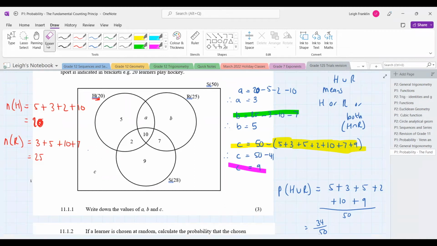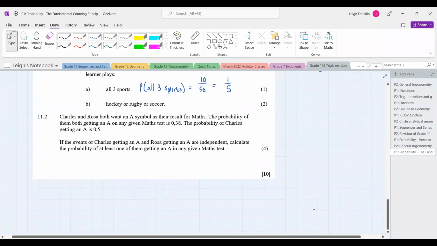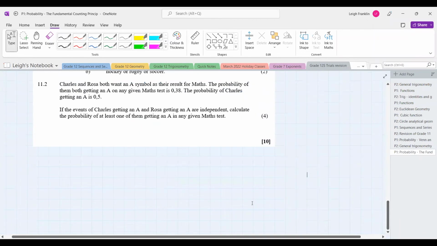All right, so now what I wanted to do before this happened is go down here. Okay, let's see if I can go any further down.